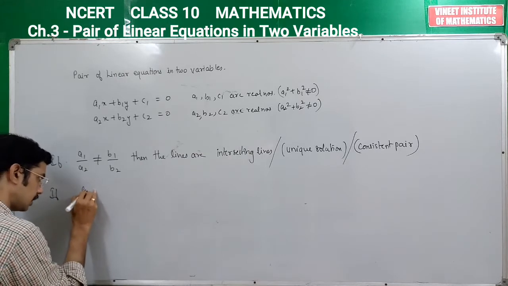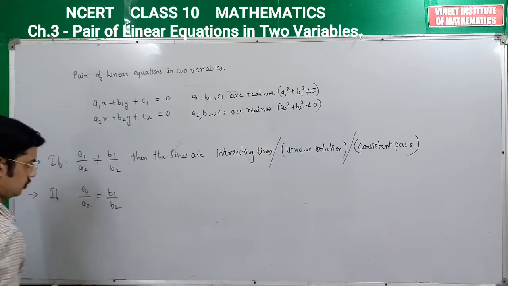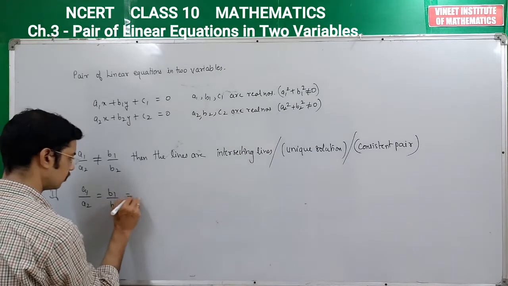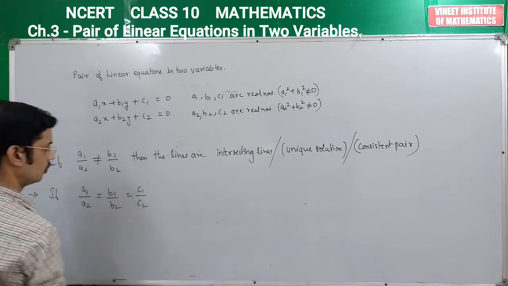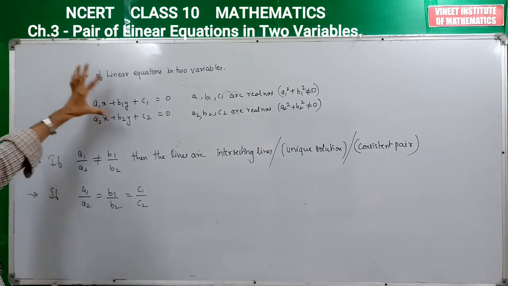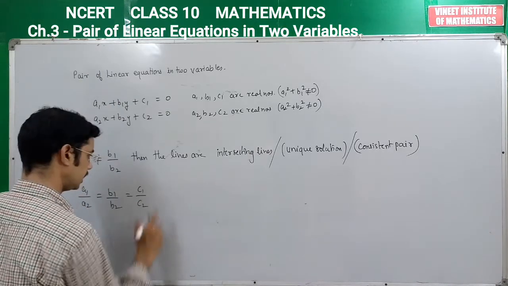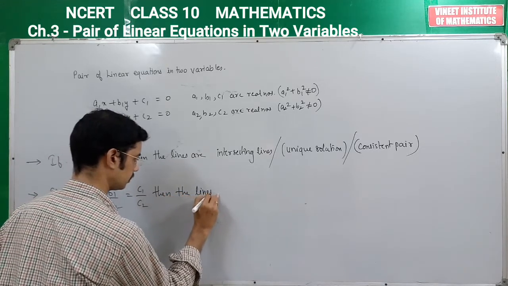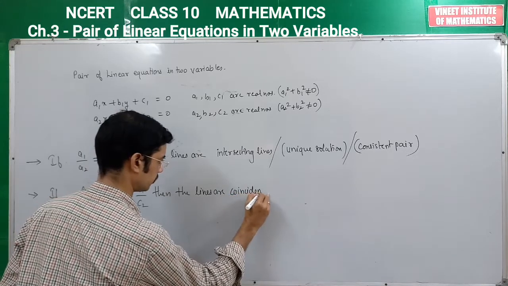What happens if a1 by a2 is equal to b1 by b2, and it is also equal to c1 by c2? If the ratios a1 by a2, b1 by b2 and c1 by c2 are all equal, then the lines are coincident lines.